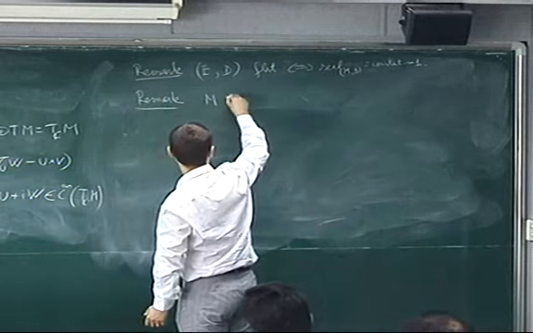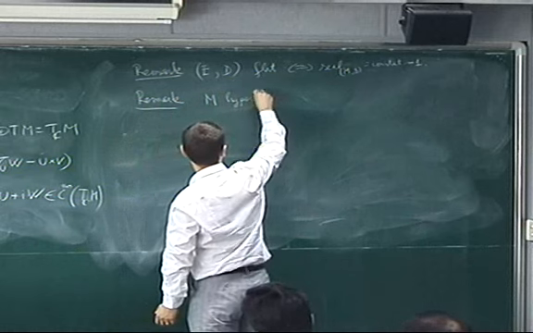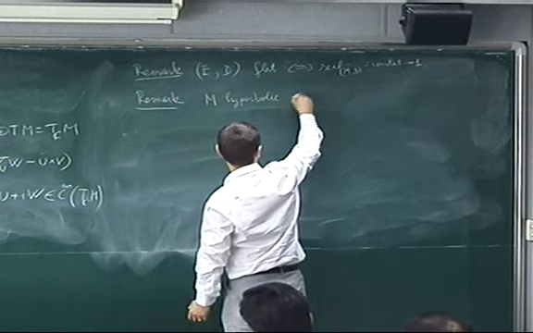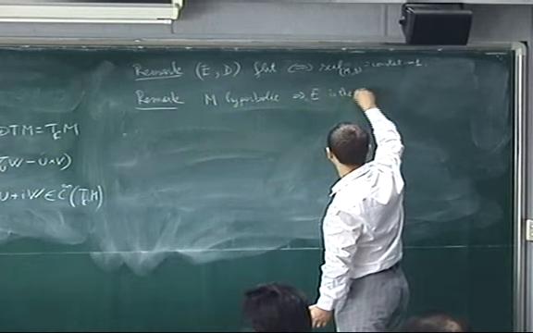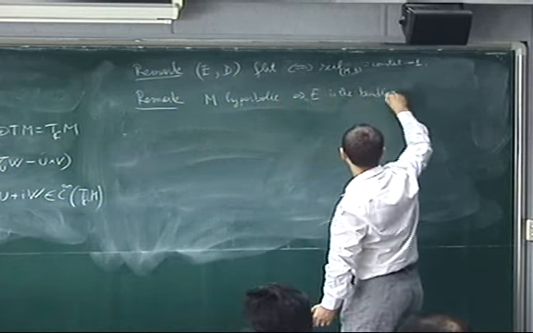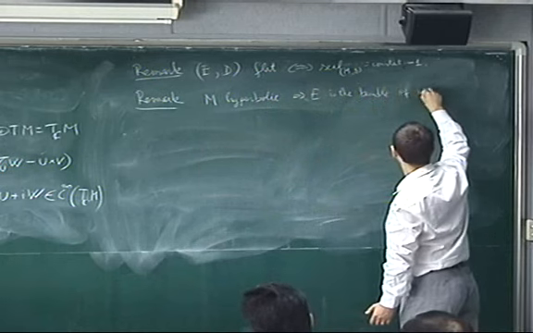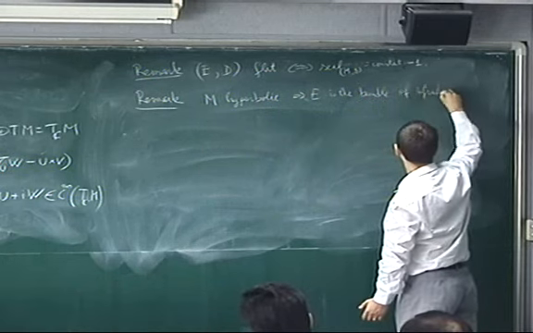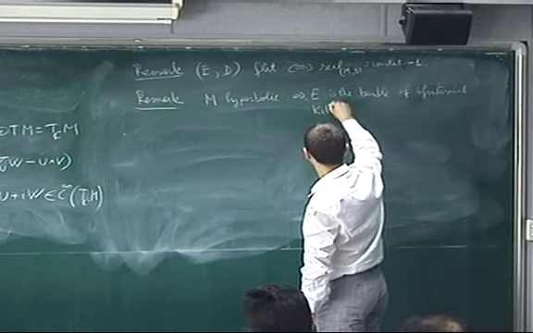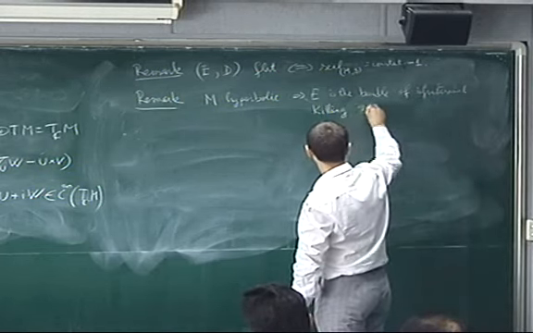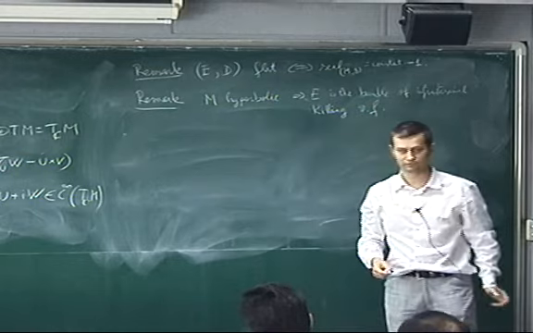When M is hyperbolic, E is the bundle of infinitesimal Killing vector fields.